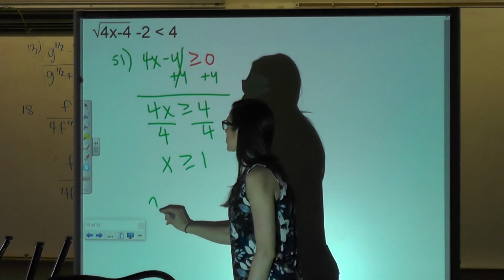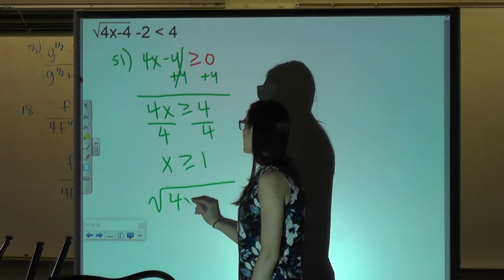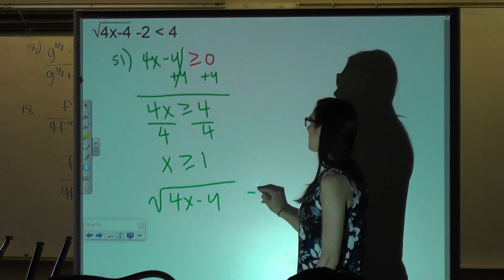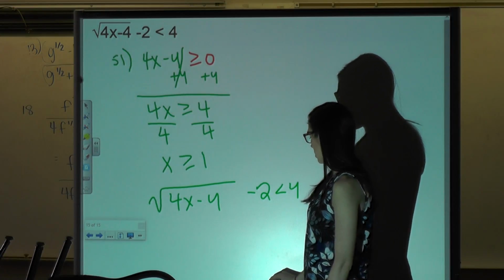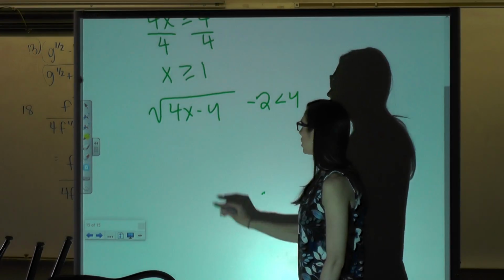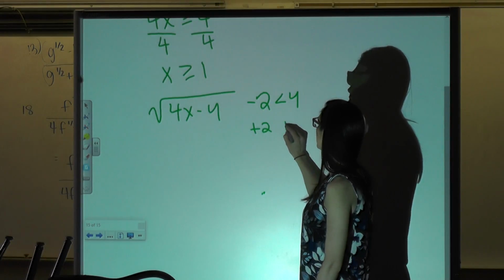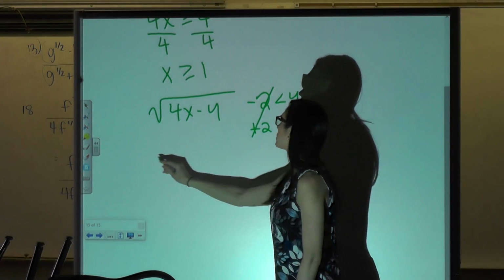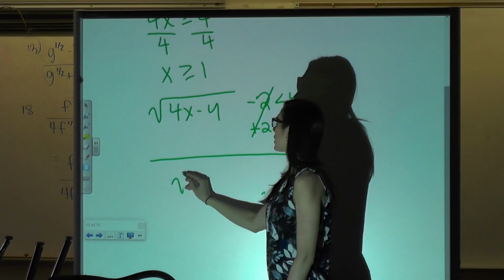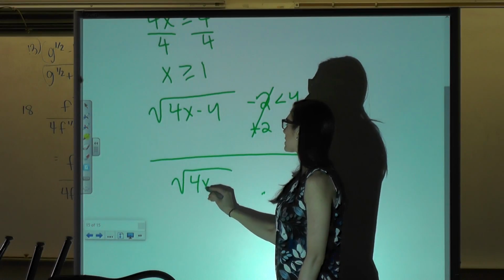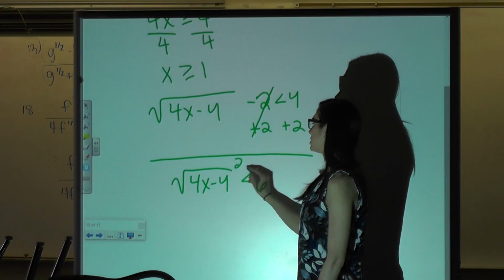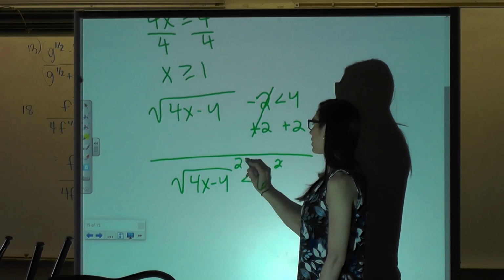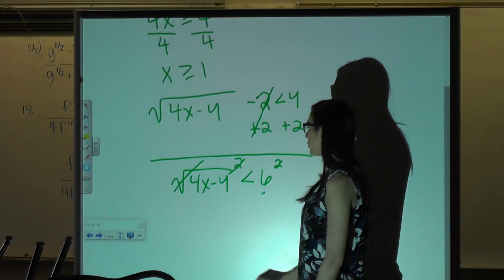Then we have the square root of 4x minus 4, minus 2 is less than 4. Add 2 to both sides. This cancels. You get the square root of 4x minus 4 is less than 6. To get rid of the square root, you must square it. So the square cancels out with the square root.